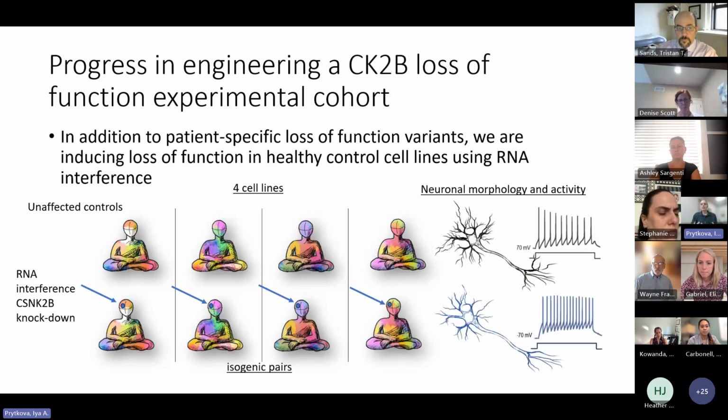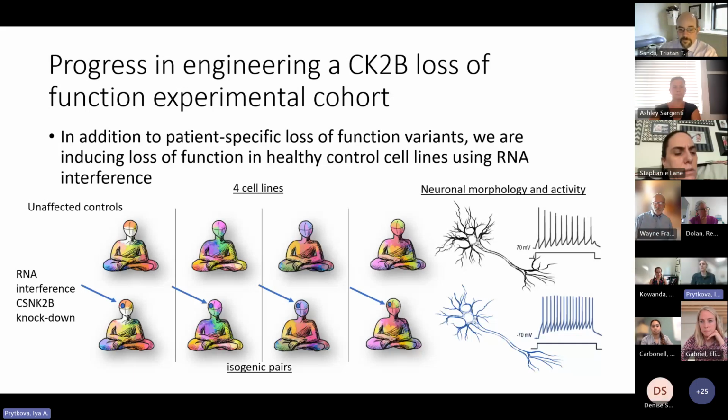And with that system, we can induce neurons and study the effects of just general absence of CK2B activity on how neurons grow, their shape, as well as how they function, how they fire simultaneously, and how excitable they are in response to stimulus.